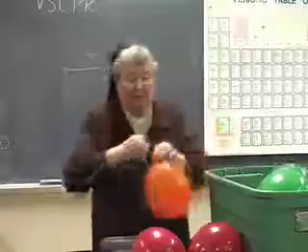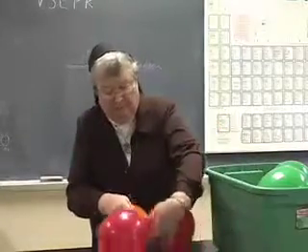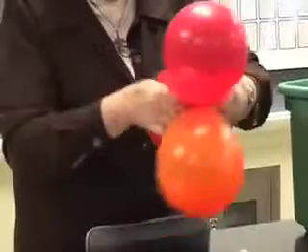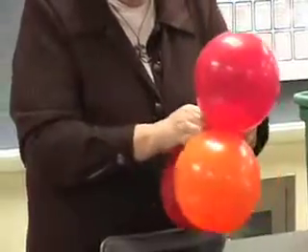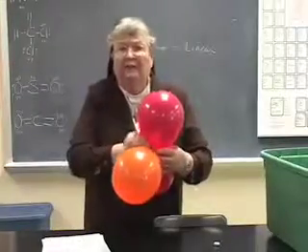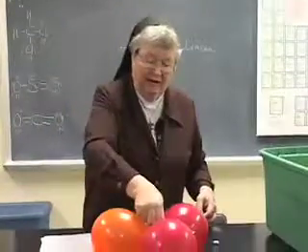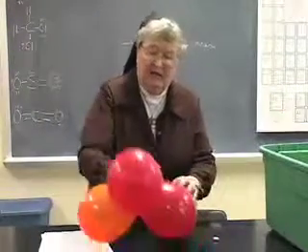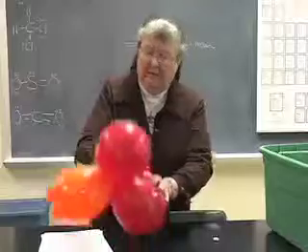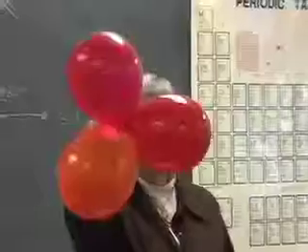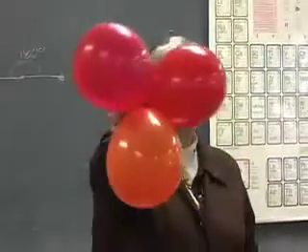Just add this orange one here to this. So now I've tied three regions of density together, and very nicely I have a shape that moves about at an angle of 120 degrees.